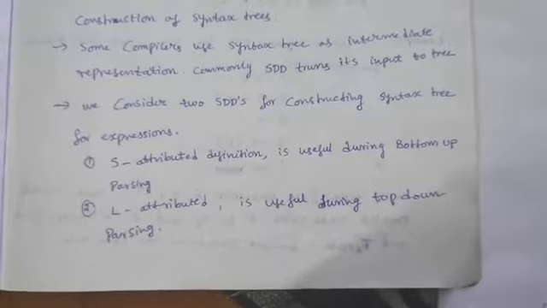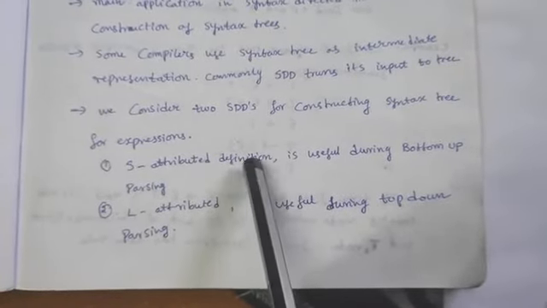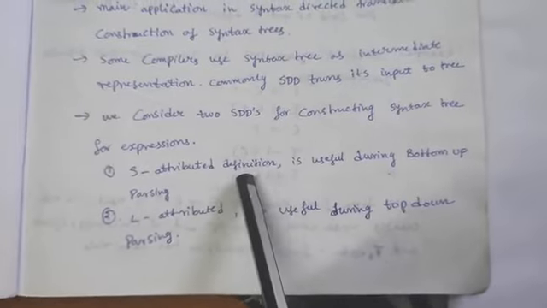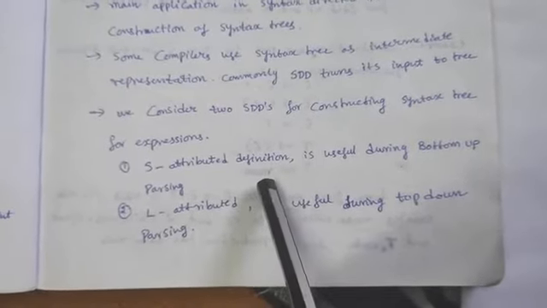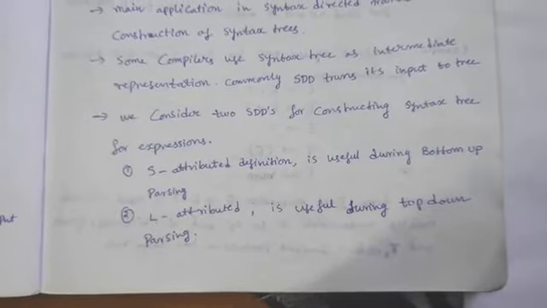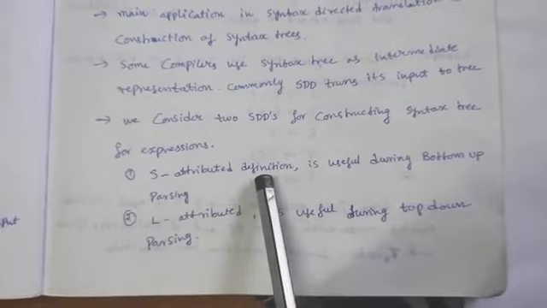The first one is the S attributed definition. What is the meaning of S attributed definition? If a parse tree contains only synthesized attributes, then such a type is called an S attributed definition.